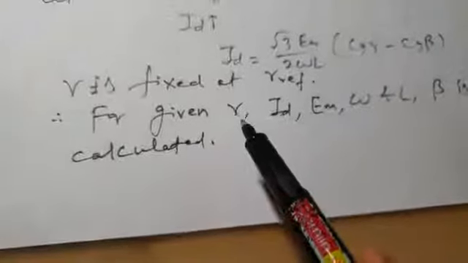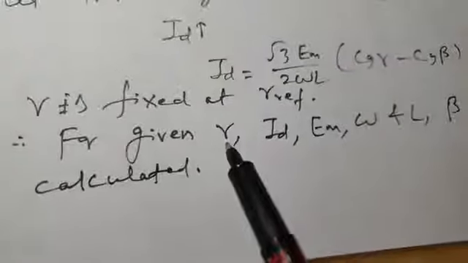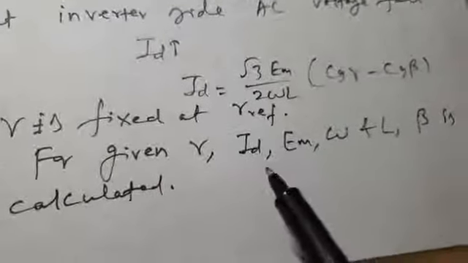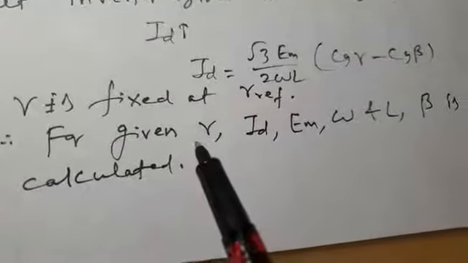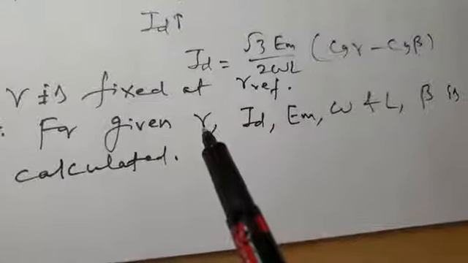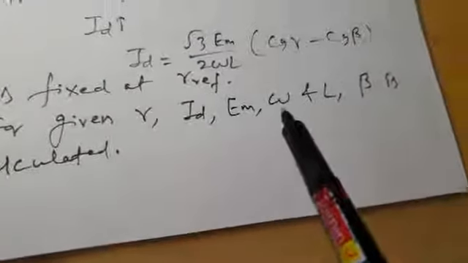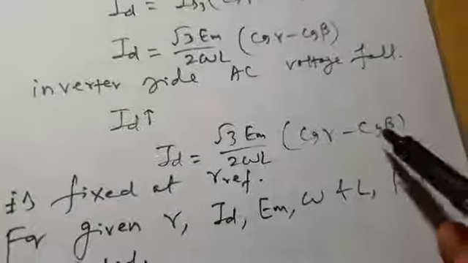For given gamma, even under abnormal conditions, it will try to maintain gamma constant at gamma ref, which is equal to, say, gamma min, to avoid commutation failure. So under fault conditions, under abnormal conditions, since gamma is fixed, for given gamma, current ID, EM, omega, L, beta is calculated, because in this equation you have cos beta.